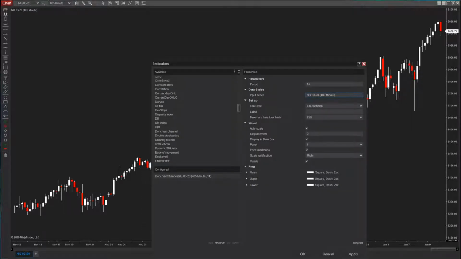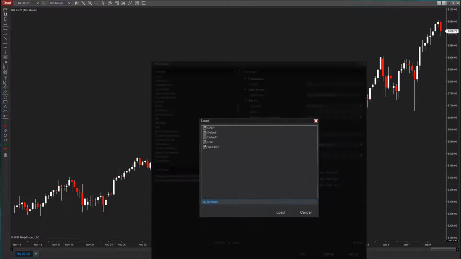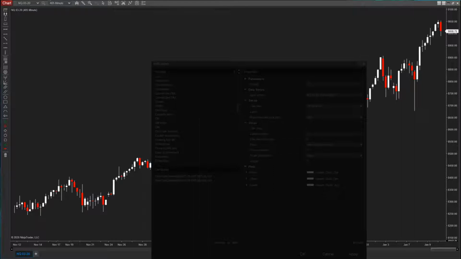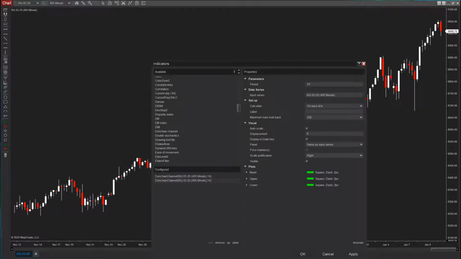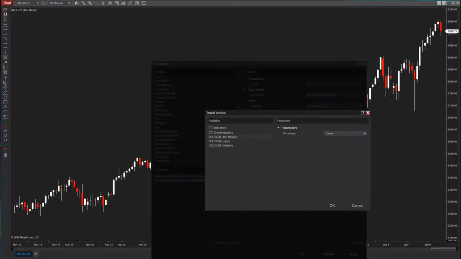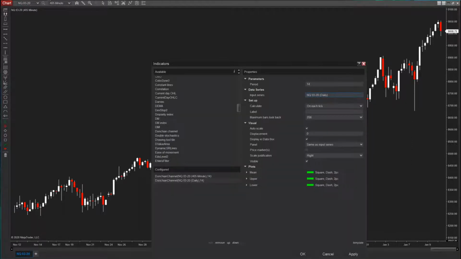That's good. Then I want to add a second one. I've already saved this one for the daily, green to match the PT indicator. I just want to change the input to daily and put this on the first screen.